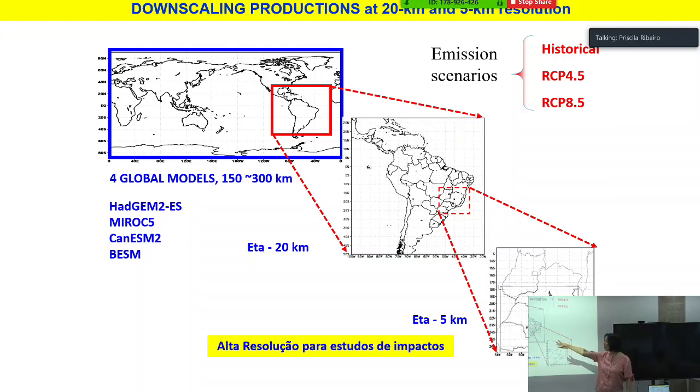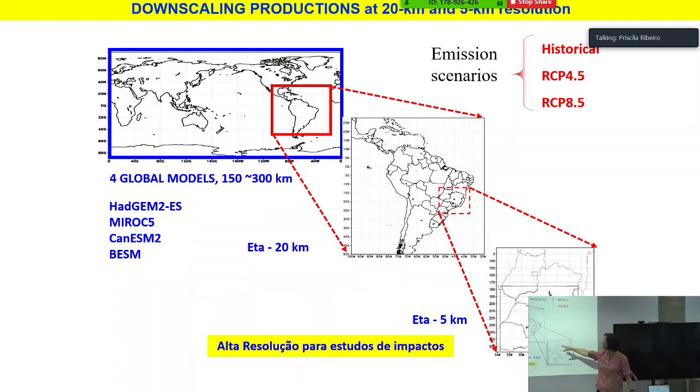We have these 4 global models and 2 emission scenarios. So high emissions, 8.5 is the high emission, RCP 4.5 is moderate. And so these are like 8 scenarios. 4 global models and 2 levels of emission scenarios from each one.